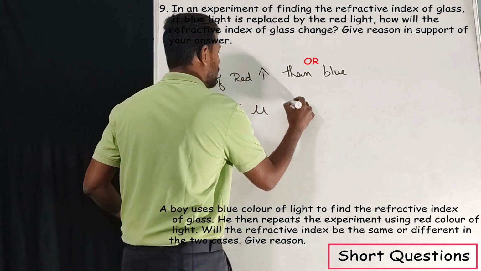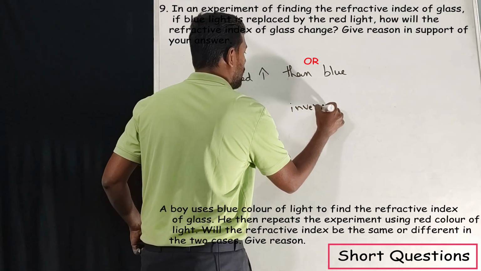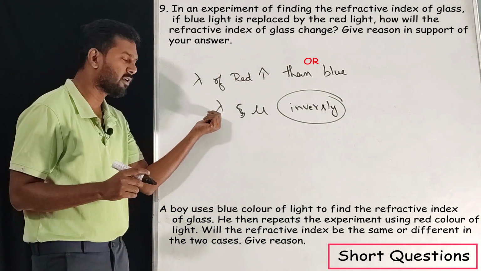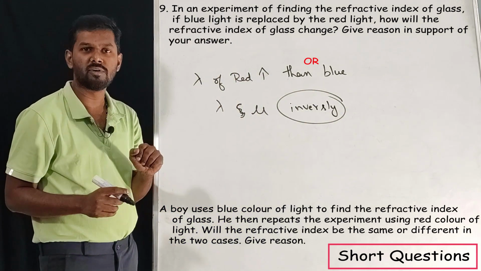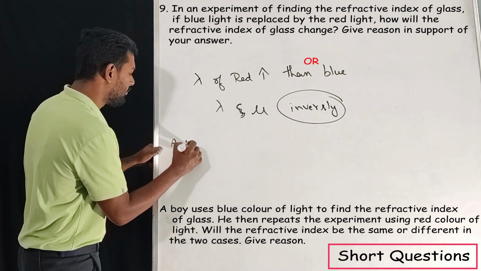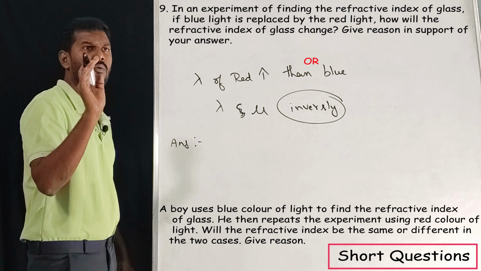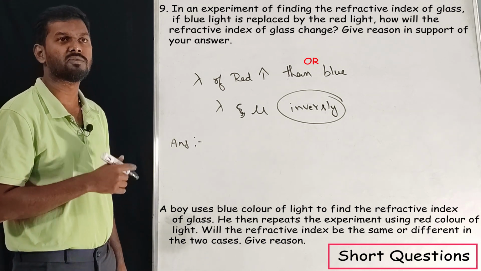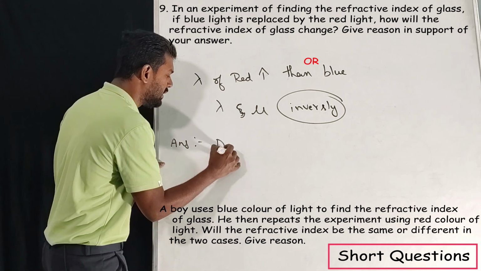Inversely proportional. These two are inversely proportional. That means if the wavelength is more, refractive index will be less. For this question, they are asking how the refractive index of the glass changes. The answer will be decreases.